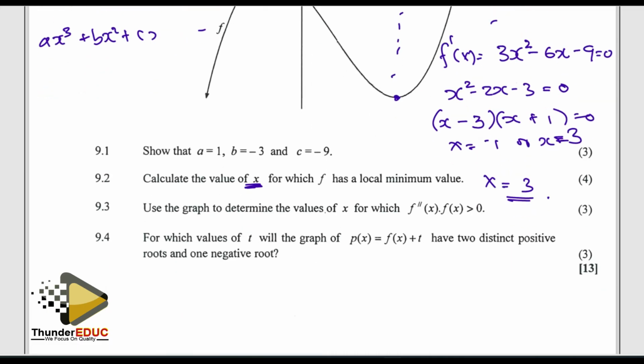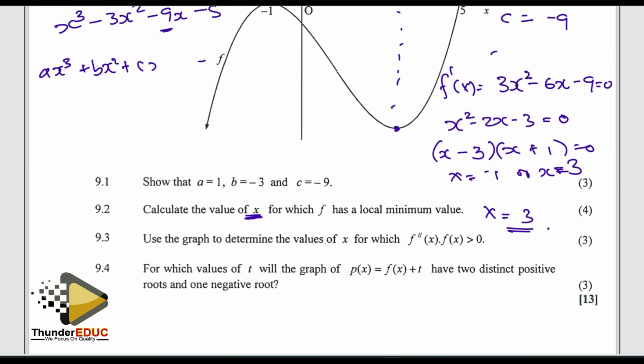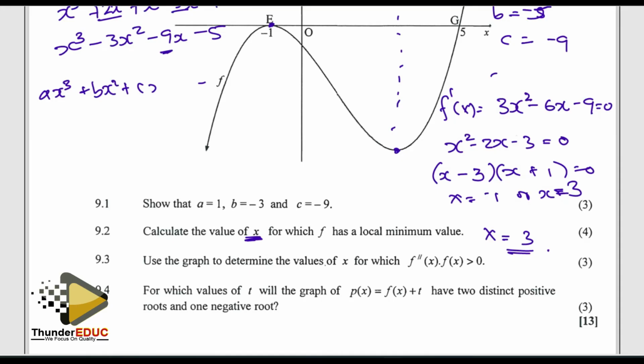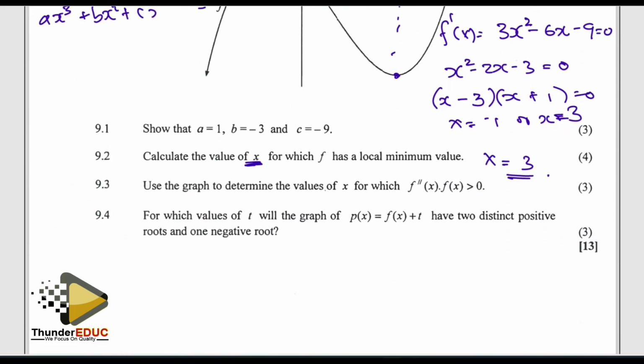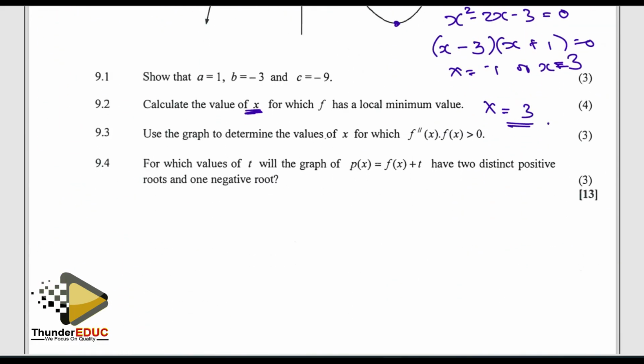Then use your graph to determine the values of x for which the second derivative, the concavity, times the function itself will be greater than 0. There are two aspects to this. I can say that f double prime is greater than 0 and f of x is greater than 0, or f double prime is less than 0 and f of x is less than 0.